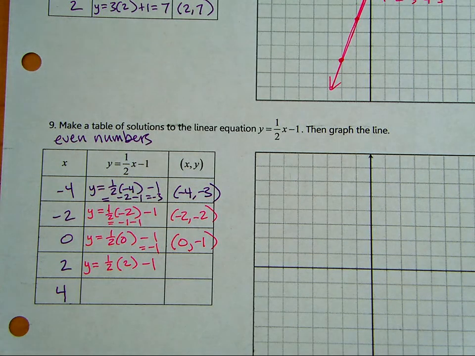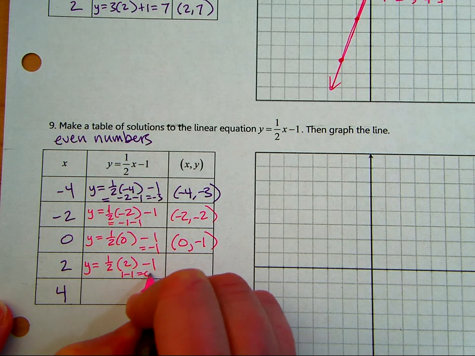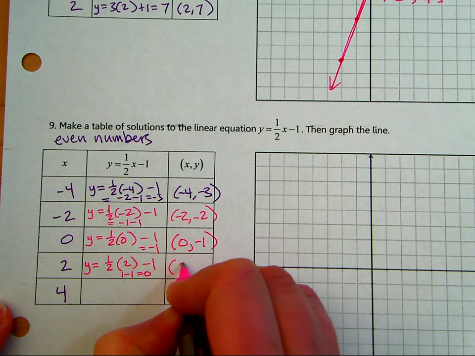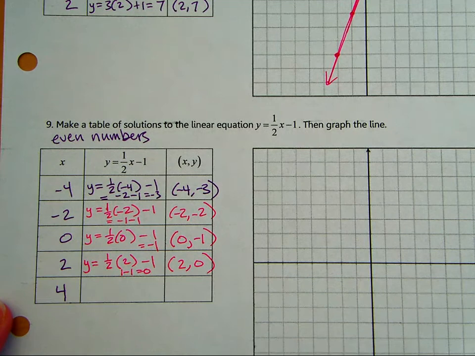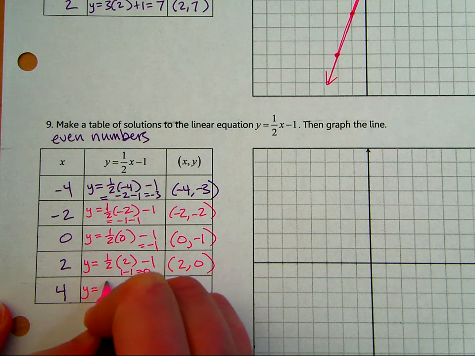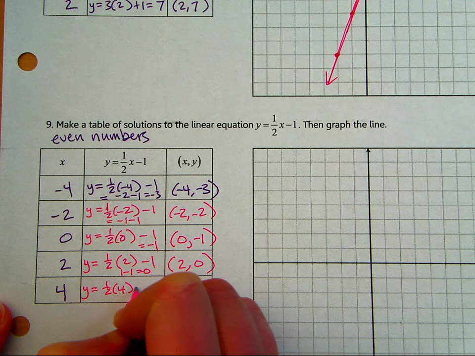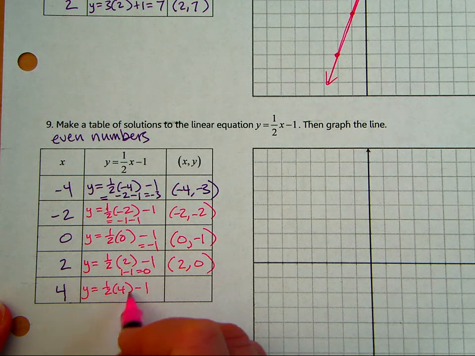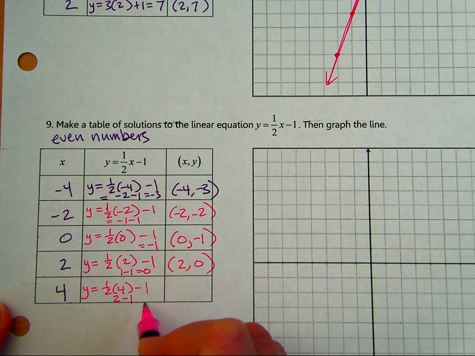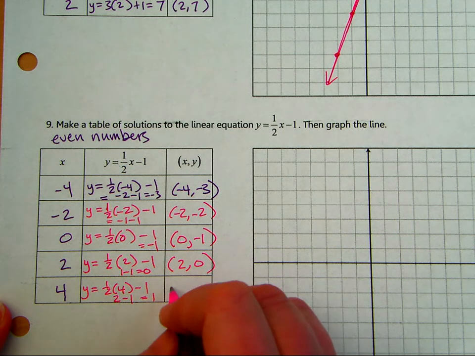Half of 2 is 1 minus 1, so 0. So 2 comma 0. And half of 4 is 2, minus 1 is 1.